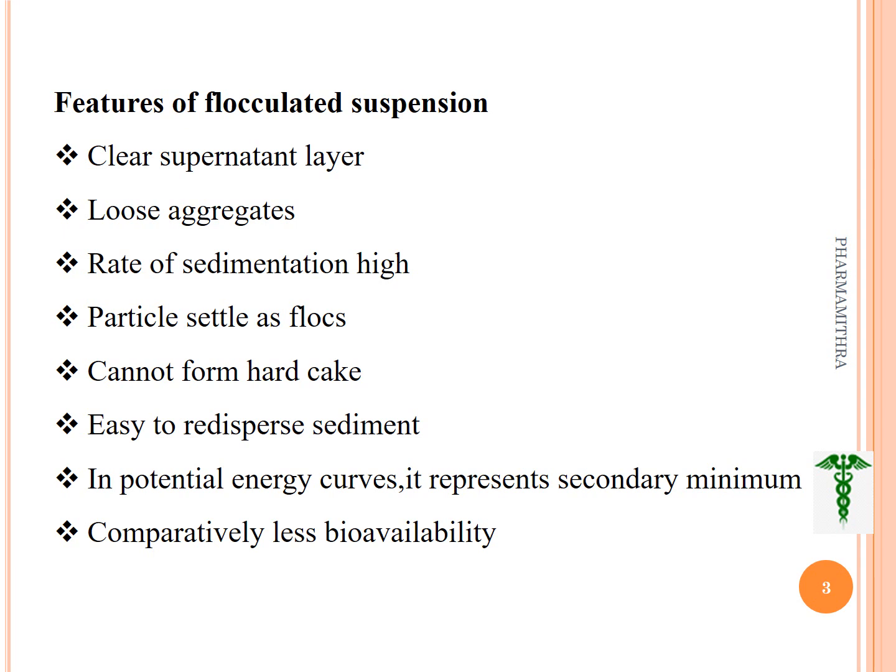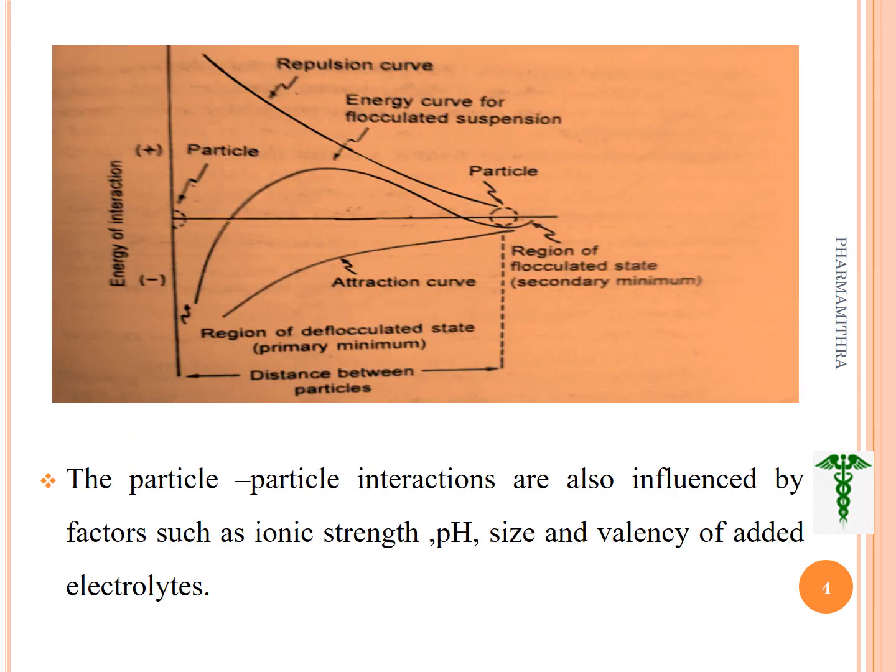In this type of suspension it will not form a hard cake, and it is easy to redisperse the sediment. If you plot the potential energy curve, the flocculated suspension represents the secondary minimum. When we talk about bioavailability, it has comparatively less bioavailability. This relates to the van der Waals force of attraction.